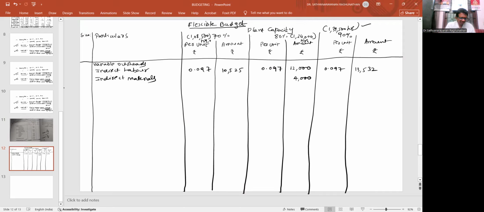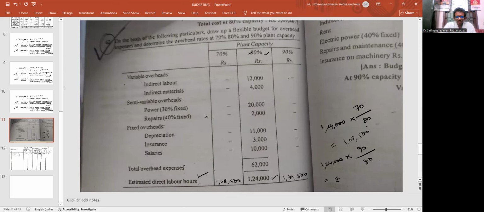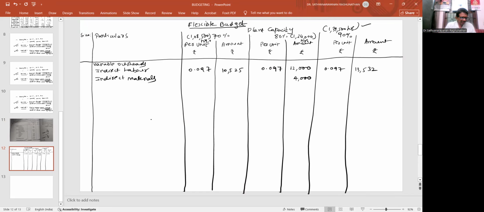Calculate the per unit. 4,000 divided by 1,24,000. 0.032. Without calculators, you cannot do such type of problem. Okay. And then per unit in the case of variable overhead remains constant for the other levels of output also. Okay.